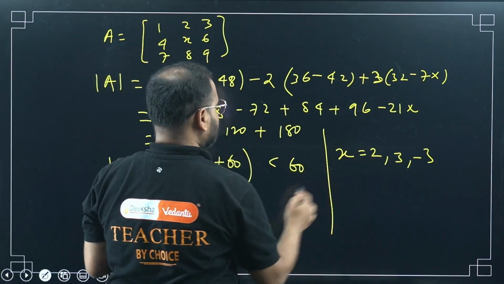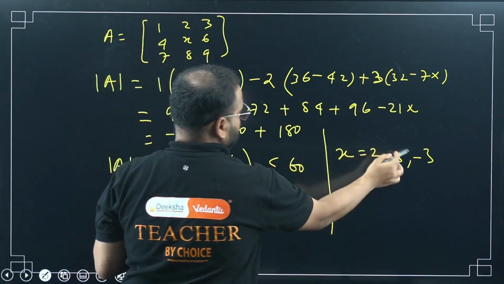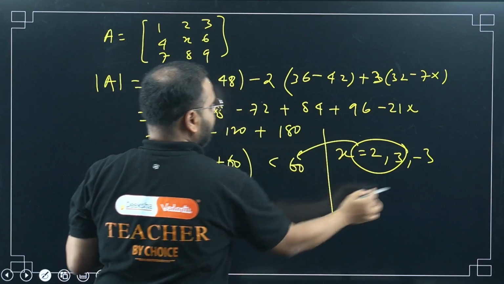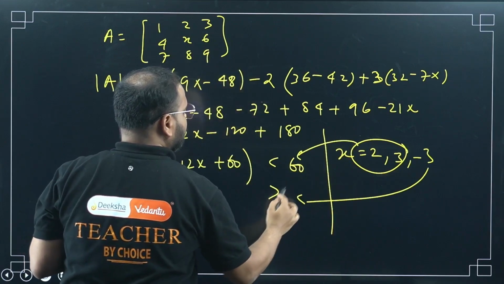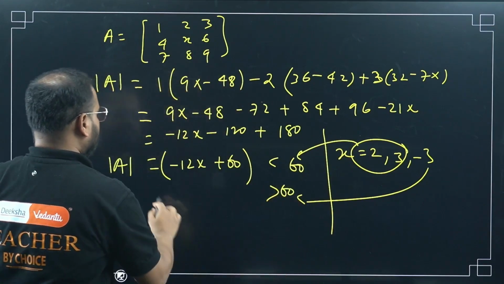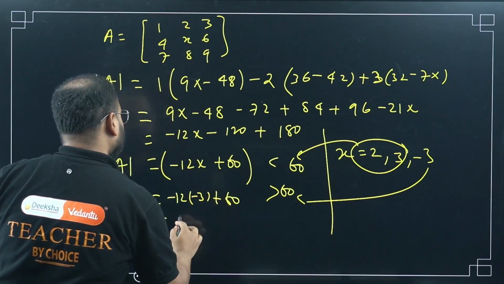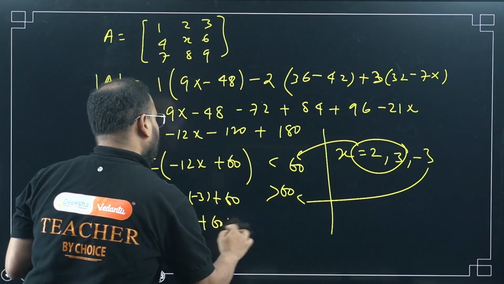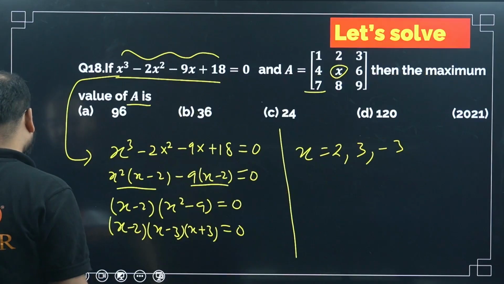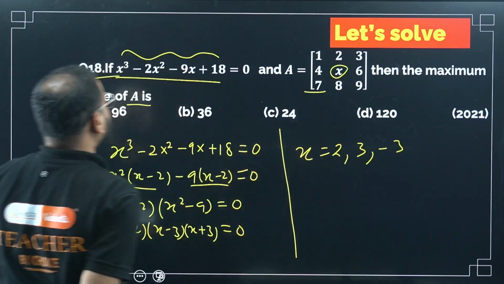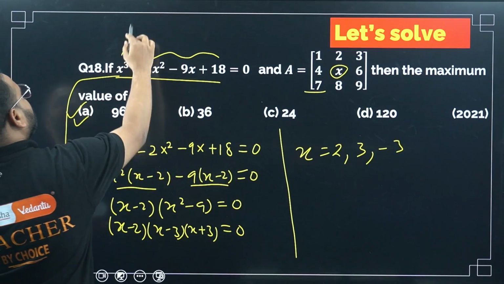But if I take minus 3, this number will be greater than 60. Minus 12 times minus 3 plus 60 is 36 plus 60, which is 96. The answer is 96. This is the maximum value, and they asked us for the maximum value. Option A is correct.